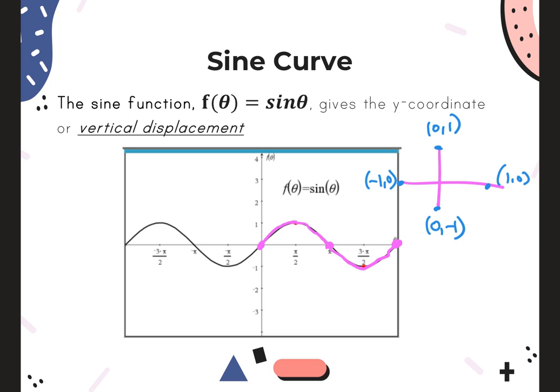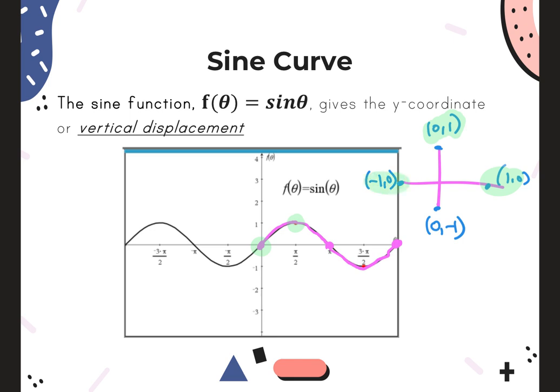So at 0, because it all directly relates, right? At 0 on my unit circle, the y value is 0, which means sine would be 0. At pi over 2, which is the next marked angle on this graph, at the top, what's the sine? 1, so it's up here.